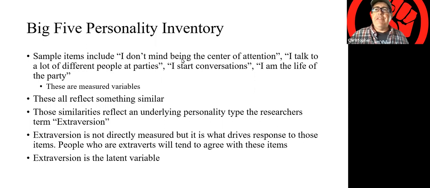And the items do fall together on a factor that the researchers term extroversion, one of the 5 Big 5 personality inventory factors. Now note that extroversion itself is not directly measured, but what it drives is a response to these items that are all tapping a similar construct. People who are extroverts will tend to agree with these items. People who are introverts will tend not to agree with these items.